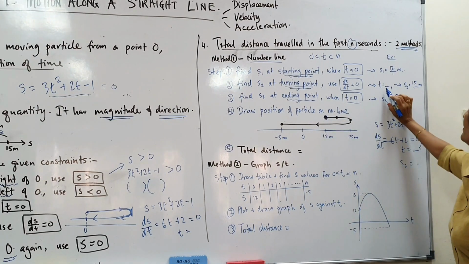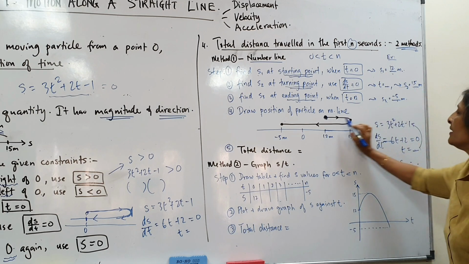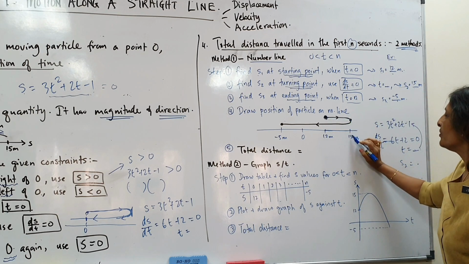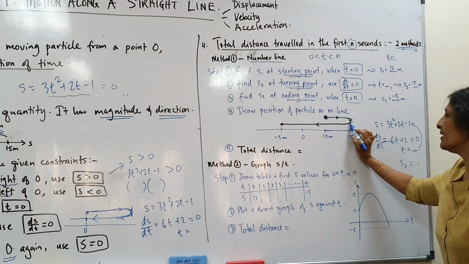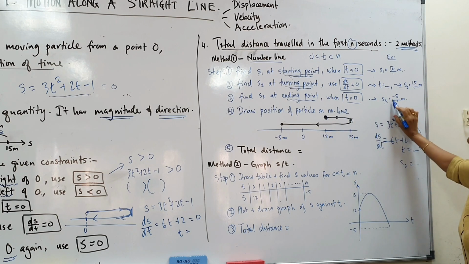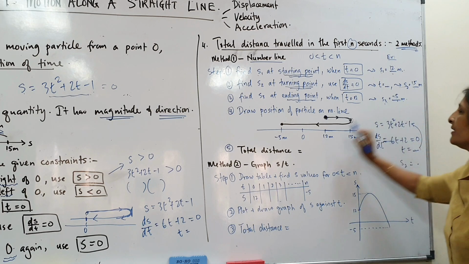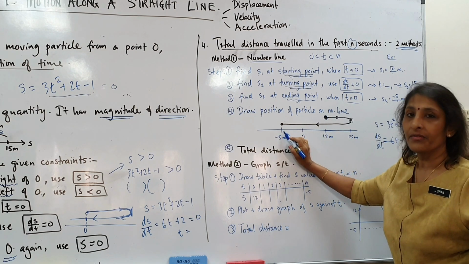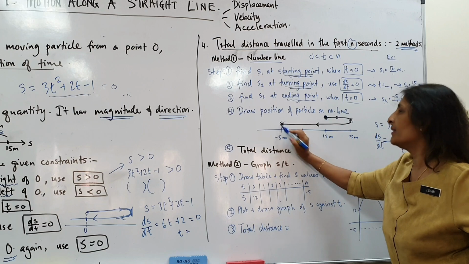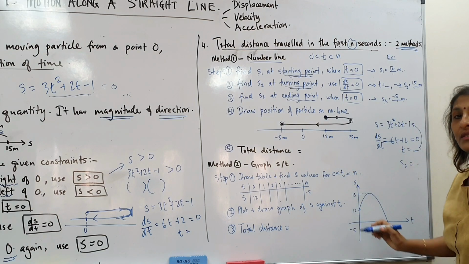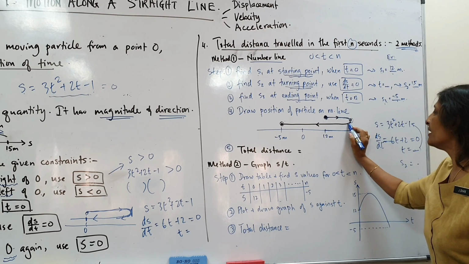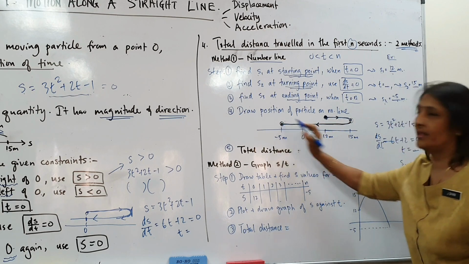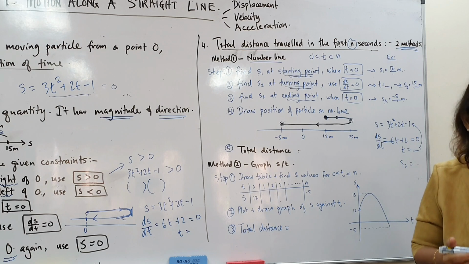Then s2 is 15 meters, meaning the particle has moved to 15 meters, this is the turning point. Here it turns, and at the ending point, the particle is at negative 5 meters, on the left. So now we see the movement of the particle. It started here, goes here, then turns and goes all the way back to here. This is called the number line.